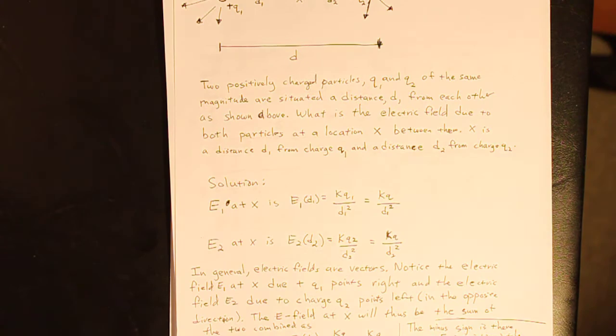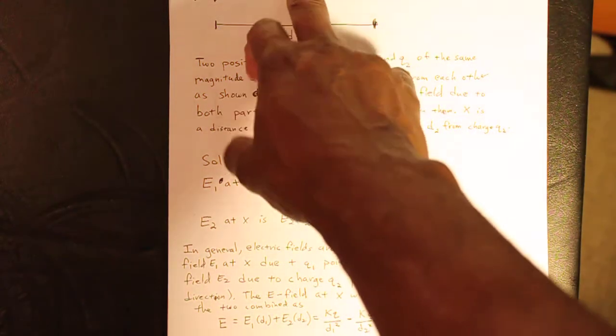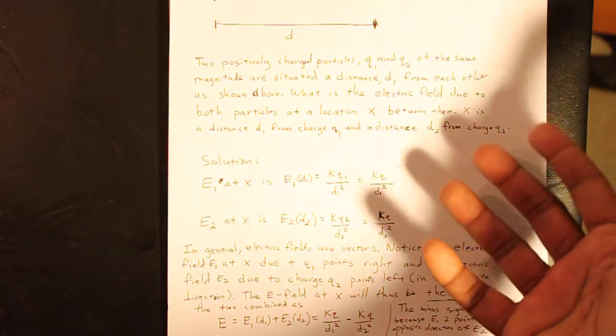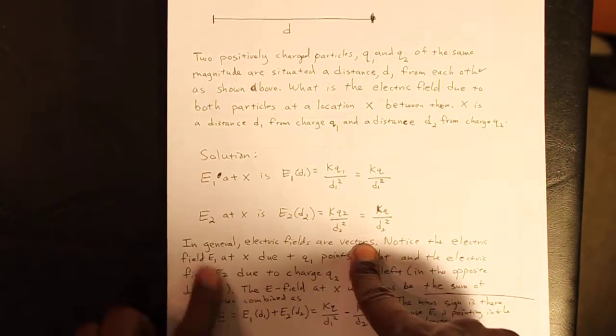So basically, the idea is that we're going to add E1 to E2. But how are we going to add them? There's a special way we have to add them. In general, electric fields are vectors.